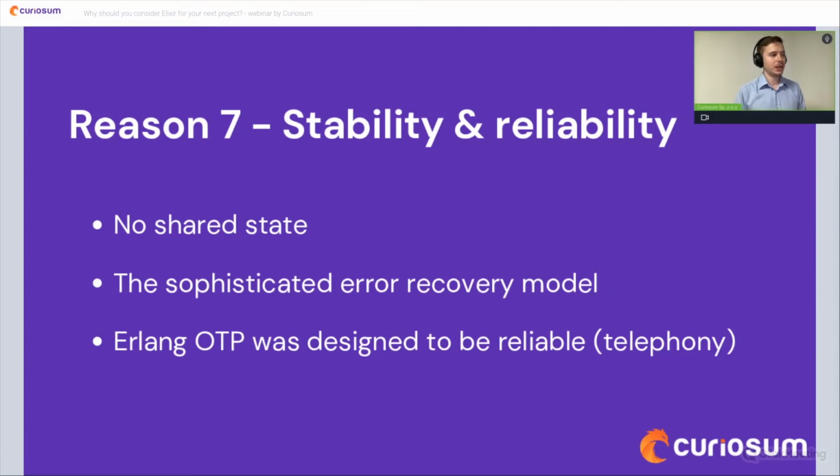If you call someone, the connection should not be dropped, it should be restored if something breaks. It should be very reliable. So Erlang was designed to be reliable. And this particular feature, as well as parallelism, are, I would say, the most important factors of what Erlang is.